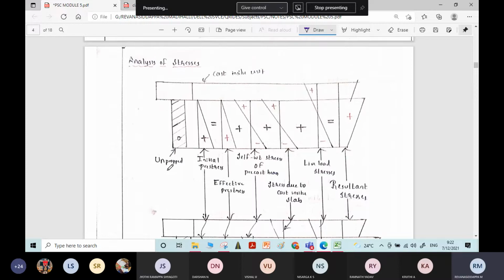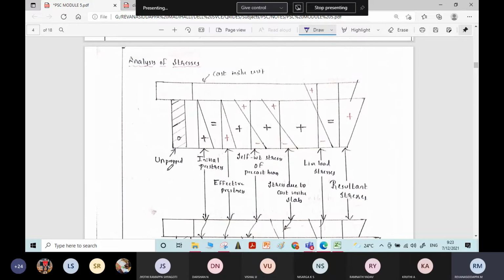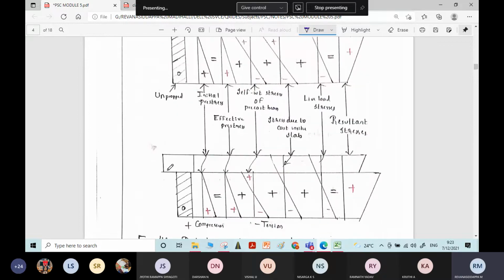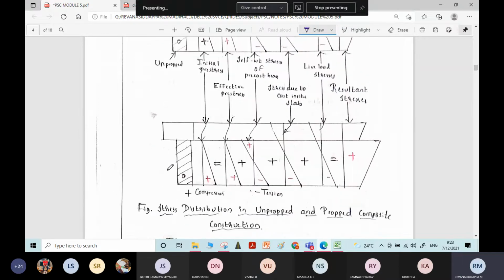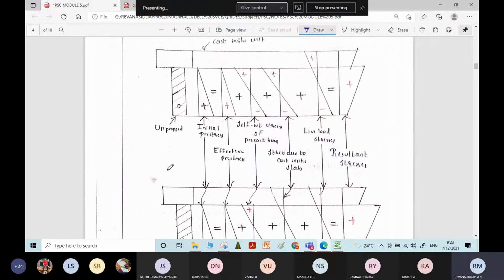Therefore there is some difference between analysis of stresses when the composite construction is made based on the proper method and when it is made based on the improper method. So I'll discuss the analysis of stresses for both cases.